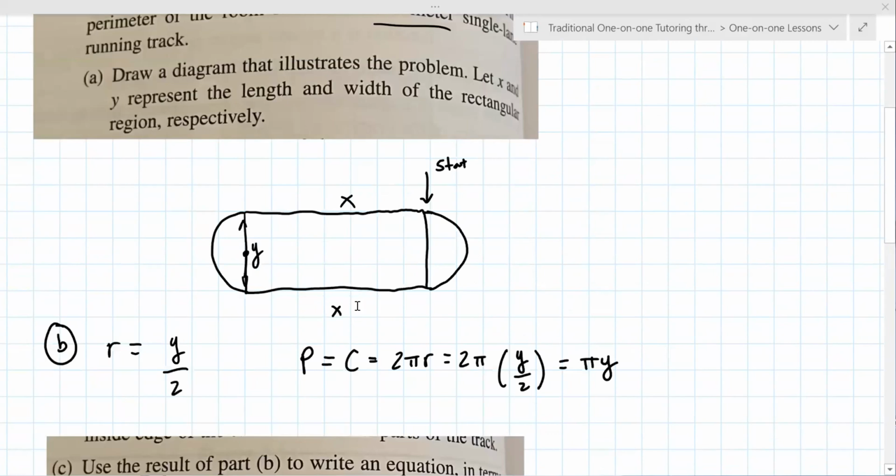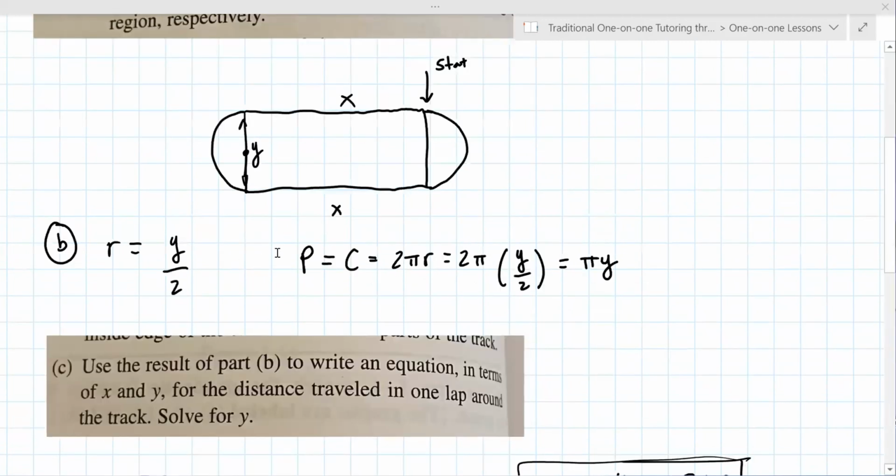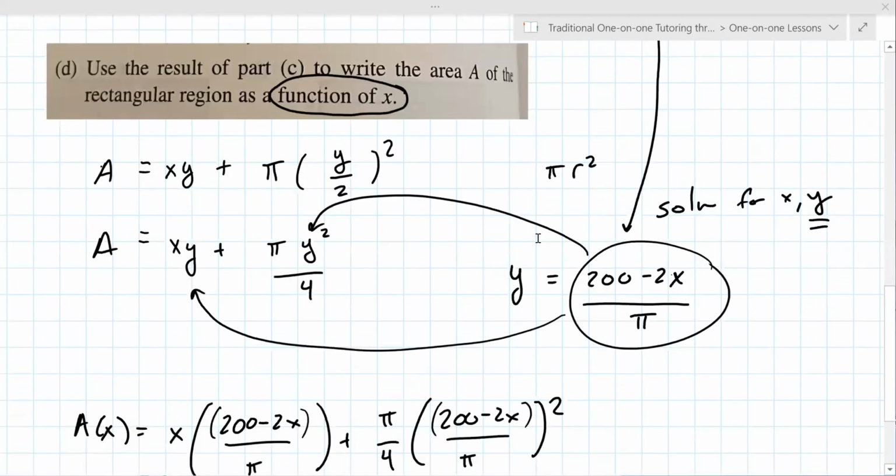X plus x. 2 pi r is the circumference there. Pi y. And what are we trying to do here? What are we trying to maximize? We're missing a negative. That's part of the problem here.